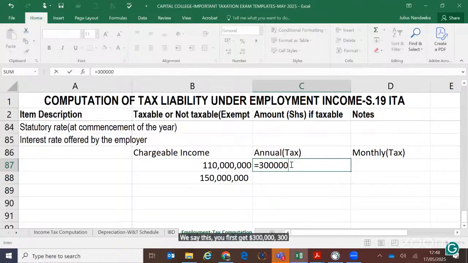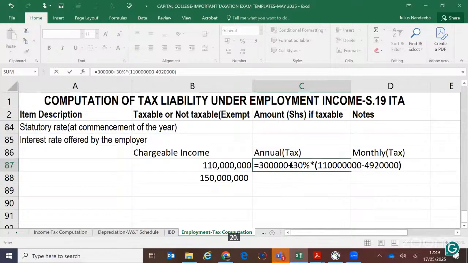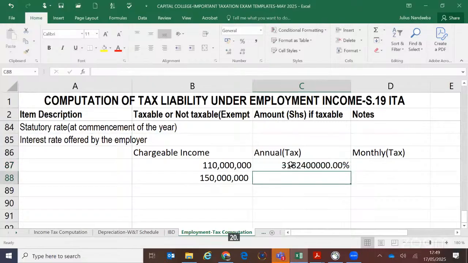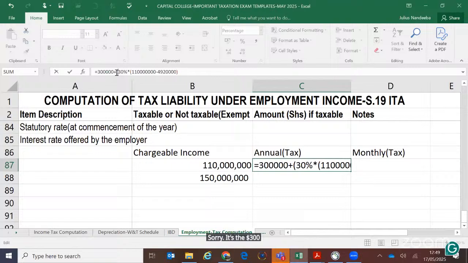You add 30% times what you have as your chargeable income, 110, minus that threshold of 4,920,000. Sorry, this is 300,000 in two brackets.